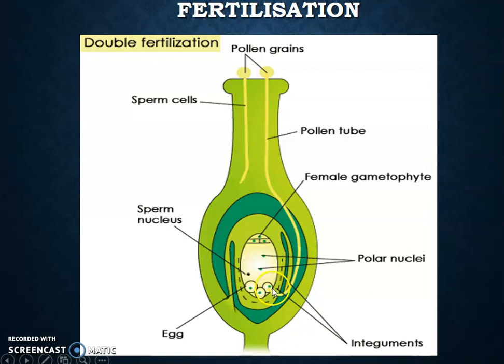And then when it gets to the ovule, it releases the male sex cell which fuses with the female sex cell in the ovule, and then after that all these parts will die and fall off, and the ovule will develop to form the seed, and the ovary here will develop to form the fruit.